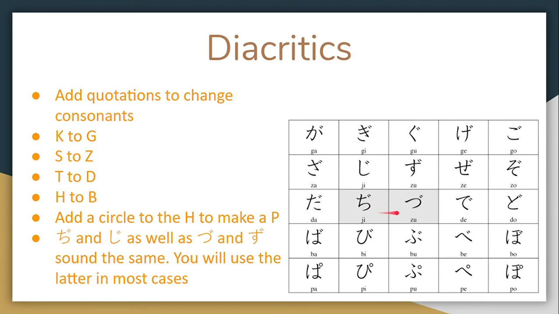Very rarely will you see them, so quite often these will just be excluded entirely. If you ever hear the sound G with a J, it will 99.9% of the time be this one right here. Same thing with zu.